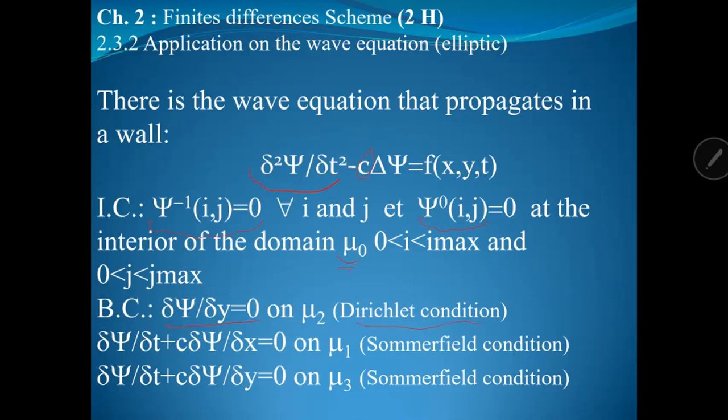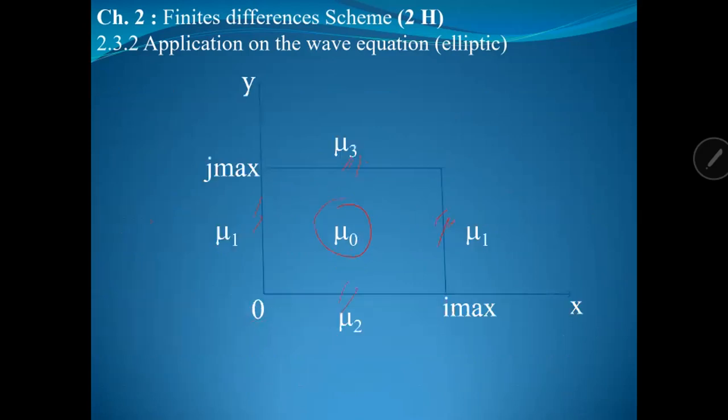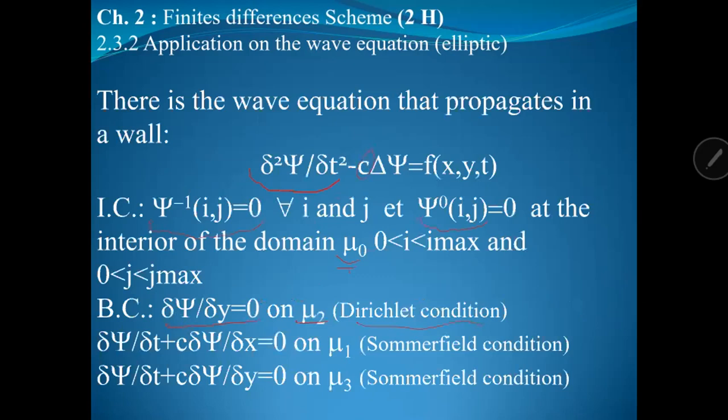There is no wave going out or entering from outside to inside on mu 2. Here it is as if we put cork or sawdust. There is no sound that goes in from outside or out from inside. This condition d psi over dy equals 0 is called Dirichlet condition.